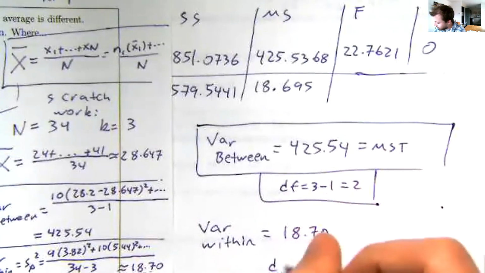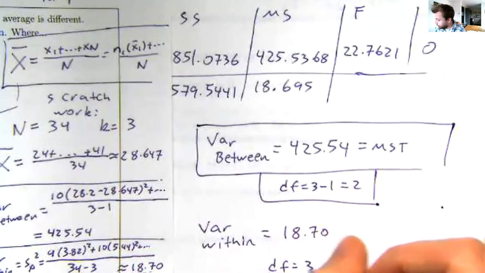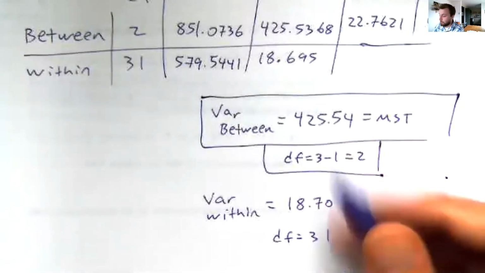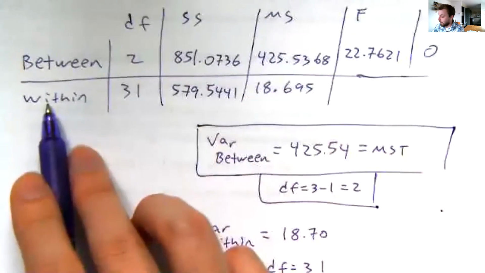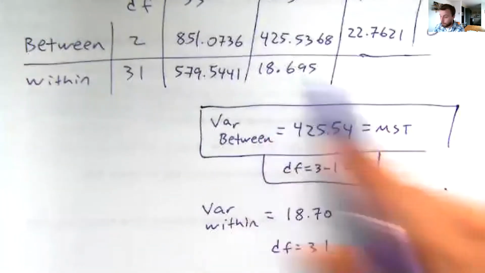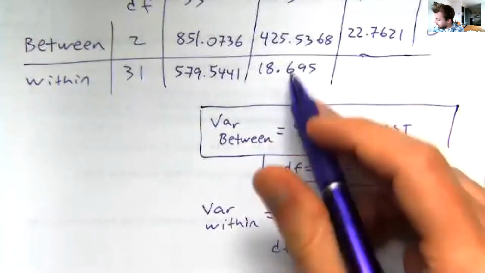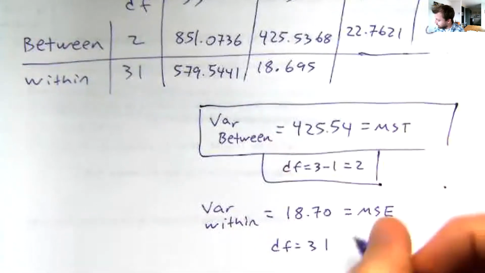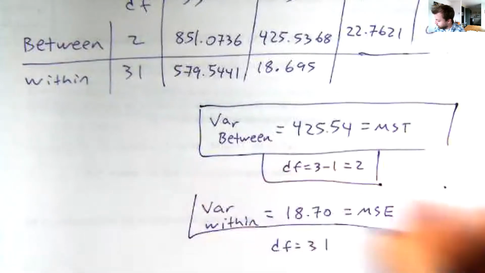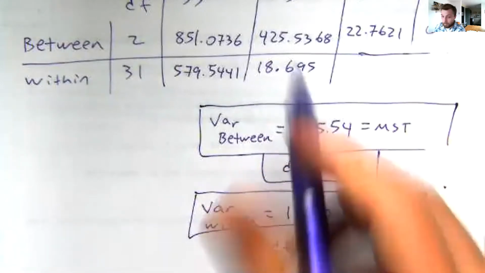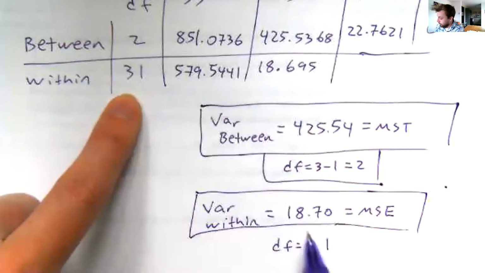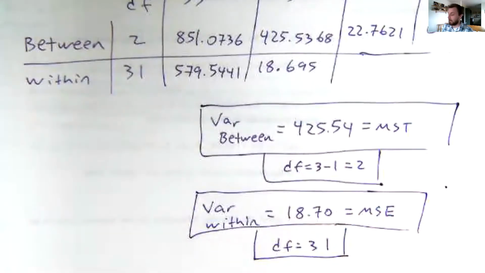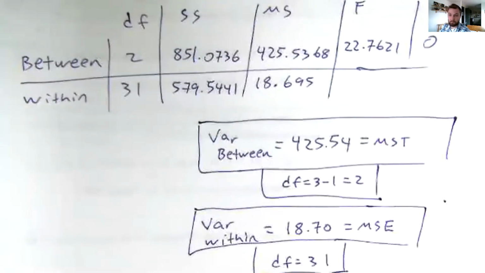So I had 18.7 with the degree of freedom of 31. Looking at this table, my mean square of the within, my mean square of the errors, was 18.7. My degree of freedom for the within was 31. My by hand results and my calculator results are matching up.